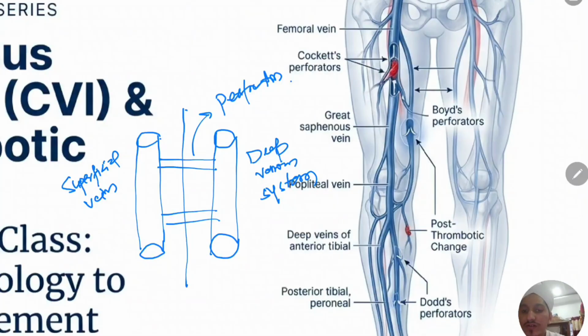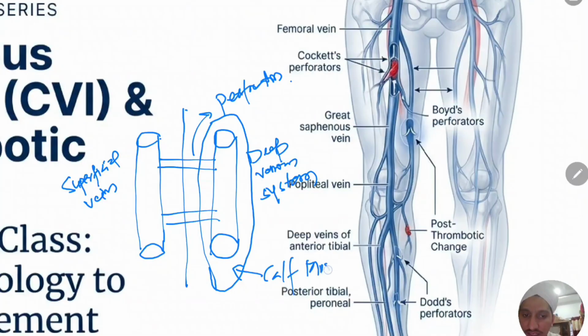These deep veins are enclosed within the calf muscles, like the gastrocnemius and soleus. When you walk, these muscles contract, and these veins have valves.